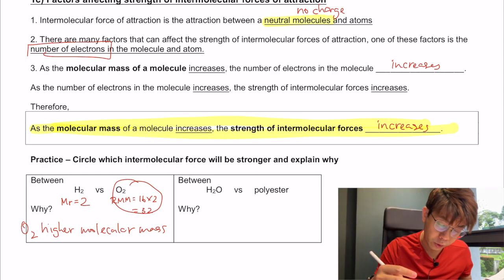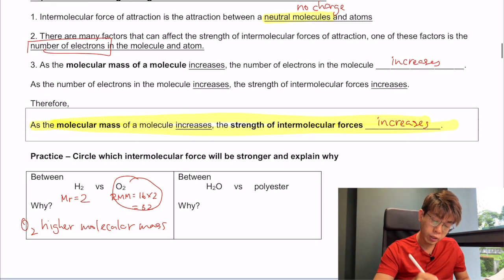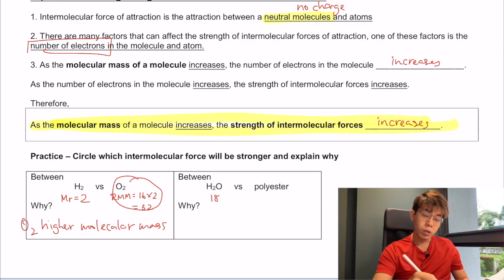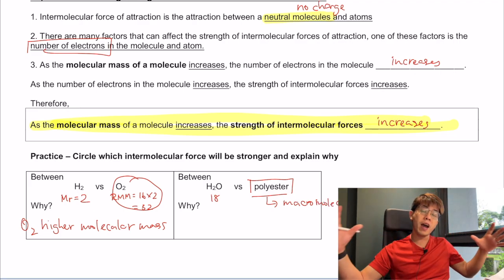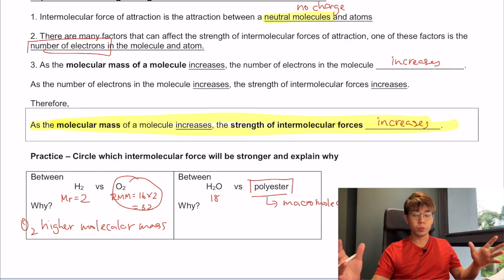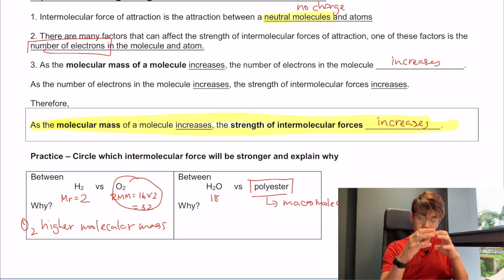Alright, so now let's look at the next example. We've got water. Water is 18 relative molecular mass. Now, polyester, we are going to talk about it now, is what we call a macromolecule. Now, a macromolecule is a very big molecule, right? It's still a molecule, that means I still have individual ones of them, but it's very big.